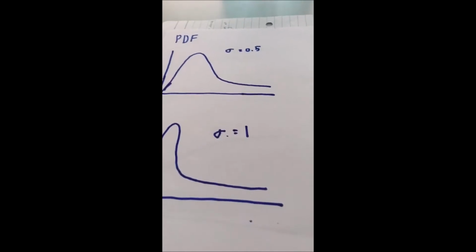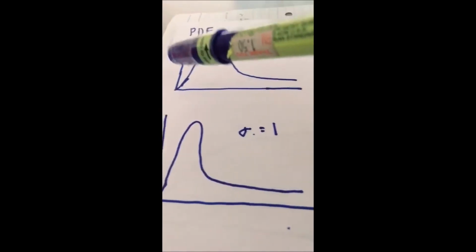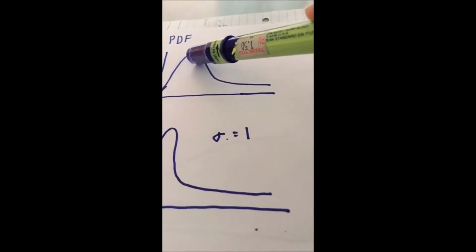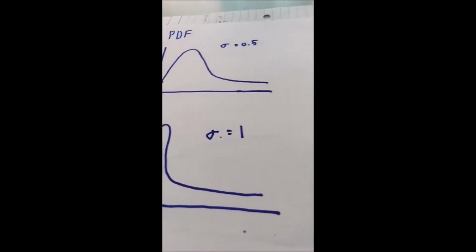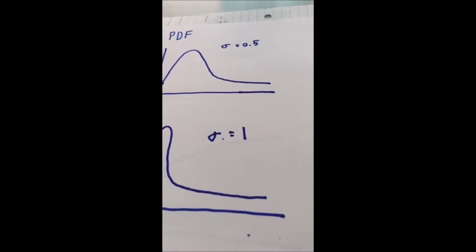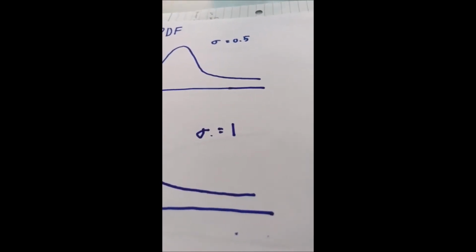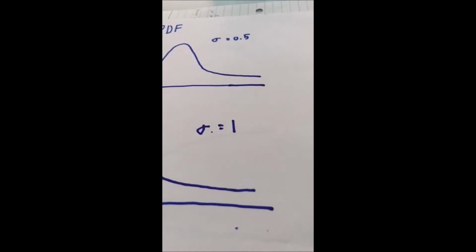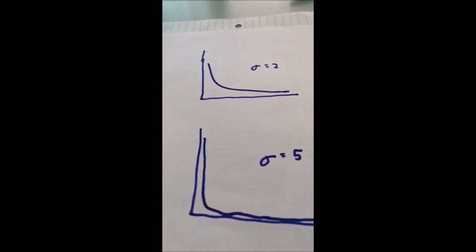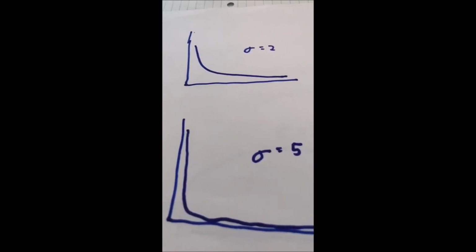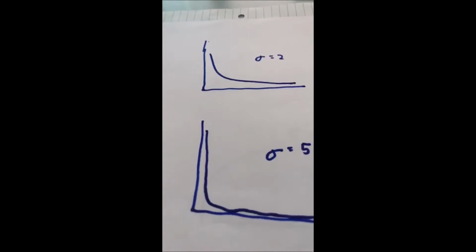For the PDF graph, we can see that it starts at 0, increases to the mode and decreases after that. The degree of skewness increases when sigma increases, given mu is constant. The degree of skewness also increases when mu is increased, given that sigma is constant.